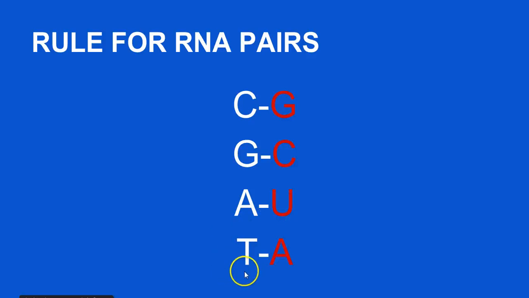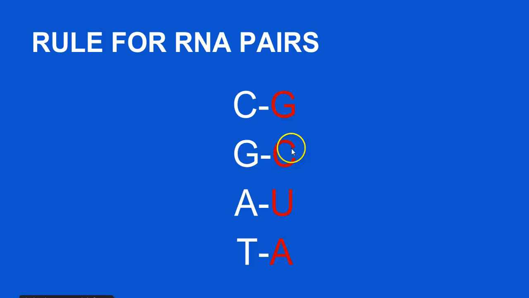Whenever there's T in DNA, you pair it up with A. So again, the rule is C pairs up with G, G pairs with C, A pairs with U, and whenever you see a T in DNA, it pairs up with A in RNA. If you notice the difference, if this is a DNA strand and this is an RNA strand, DNA does not have U inside of it.